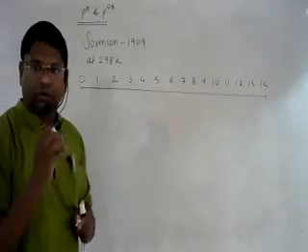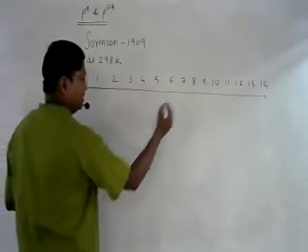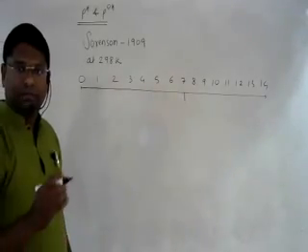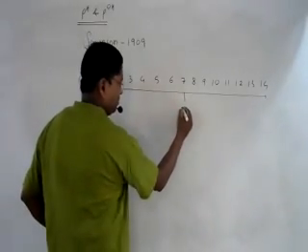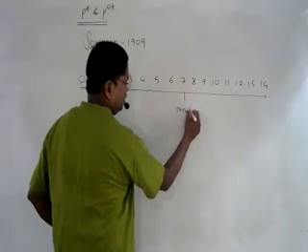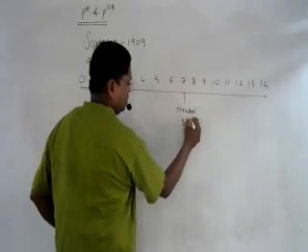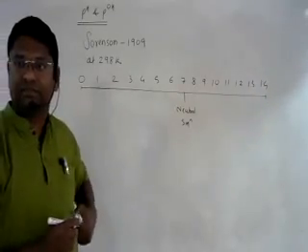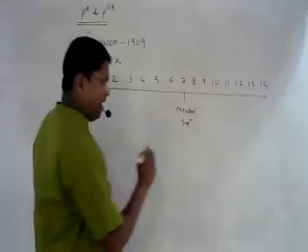And according to Sorensen, this 7 is the pH for neutral solution at 298 Kelvin. Why?